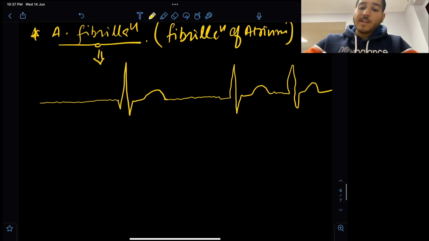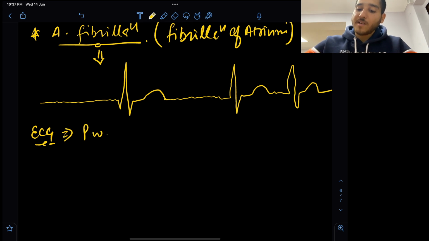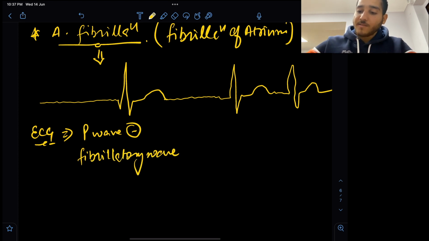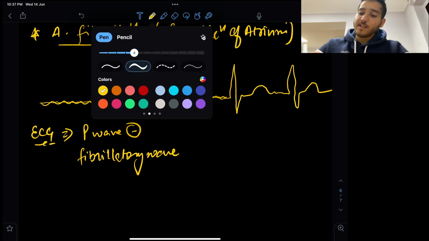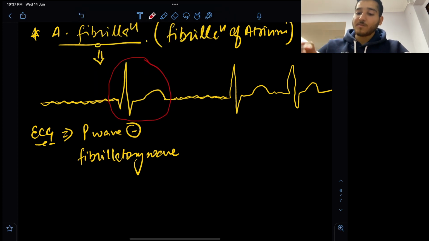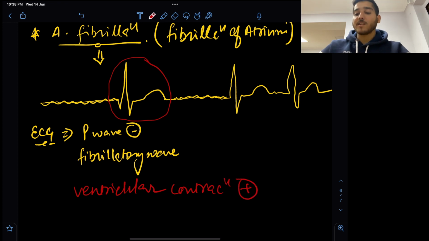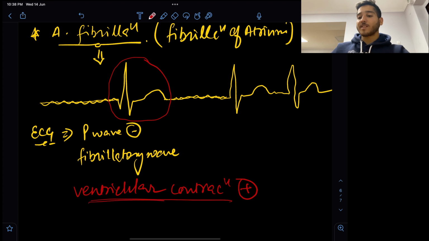What will be the ECG findings of atrial fibrillation? The P wave is absent, and instead of P waves there will be fibrillatory waves, like this. There's something, but they are not P waves. In between you will get QRST complexes, so ventricular contractions are present. The presence of QRST wave indicates ventricular contraction.